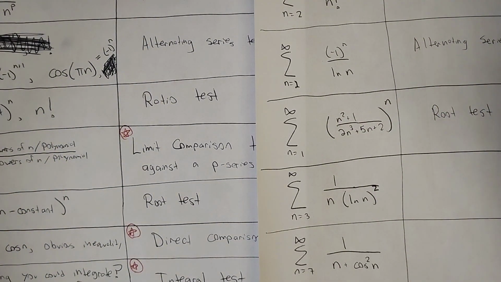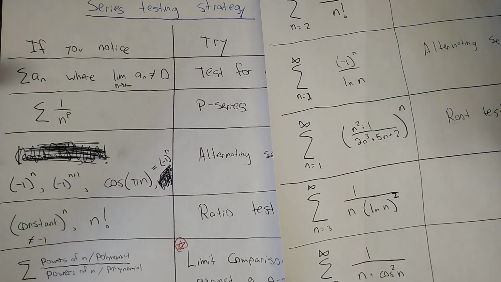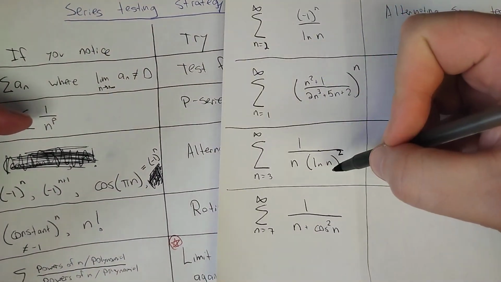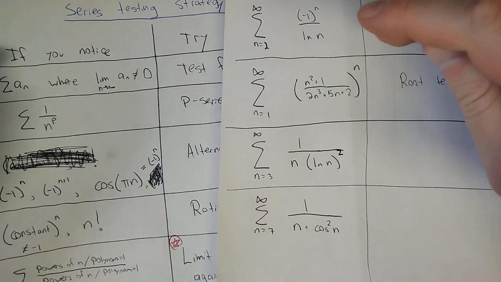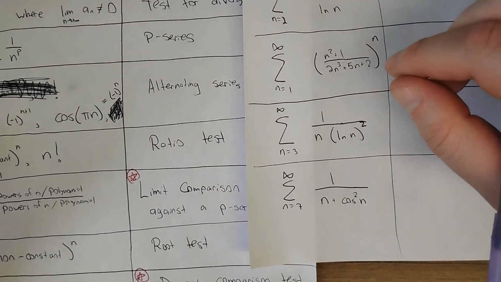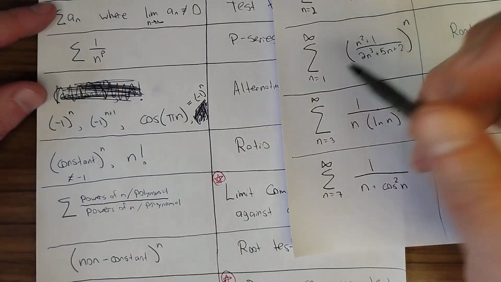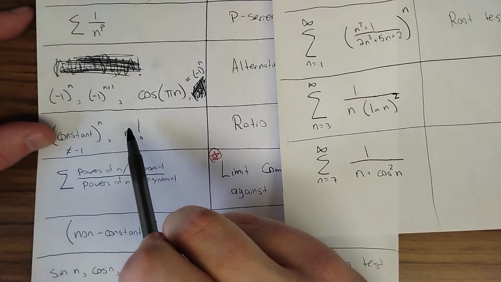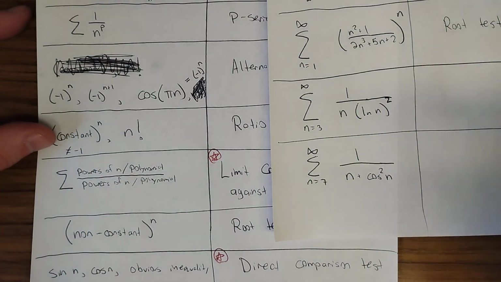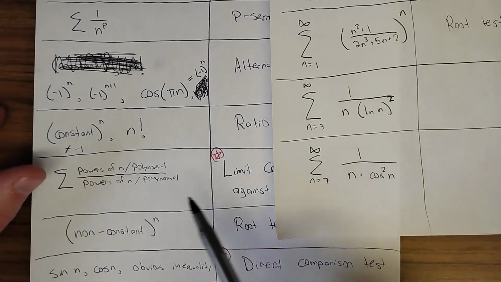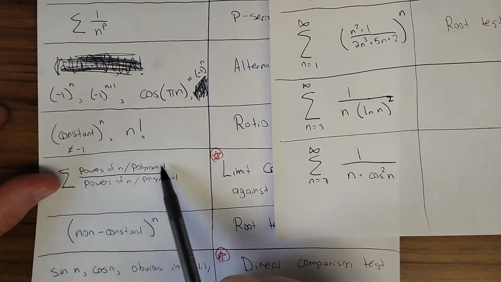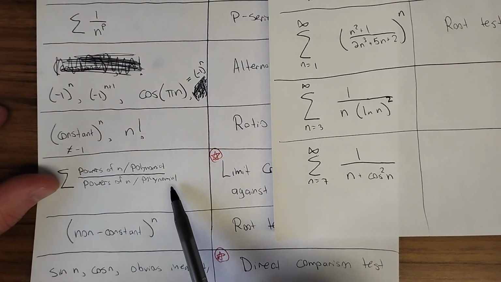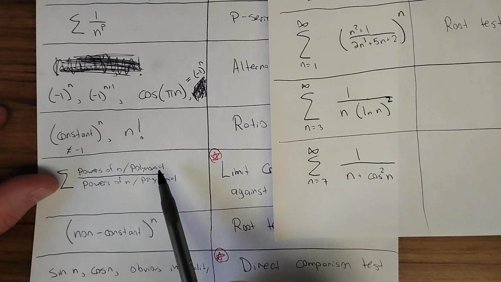Having gotten that thought out of the way, it's not exactly a p-series because I have natural logs. It's not alternating. I don't see 2 to the n or 3 to the n. I don't see any factorials going on. It's also not quite this form because I have the logs.